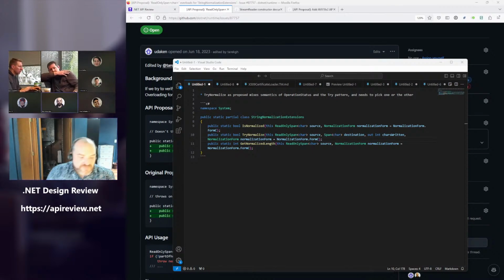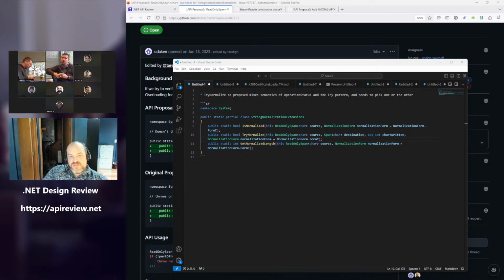So let me go back and ask about operation status. Why do we have in operation status that the operation failed for other reasons? Operation status, like Tanner said, allows you to stream data so you can skip past the data that's invalid, which normalization would not allow you to do, because normalization is a one-shot API.